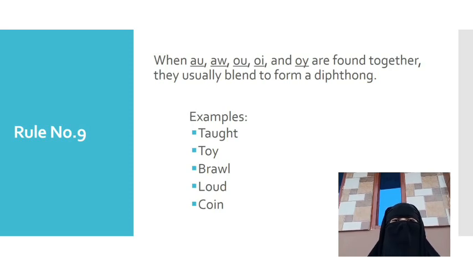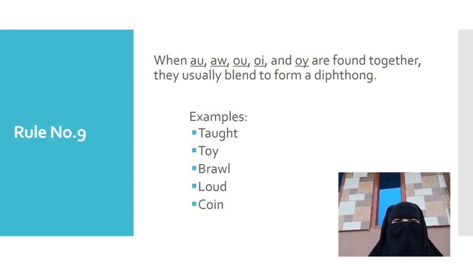Now for rule number 9: when AU, AW, OU, OI, and OY are found together, they usually blend to form a diphthong.